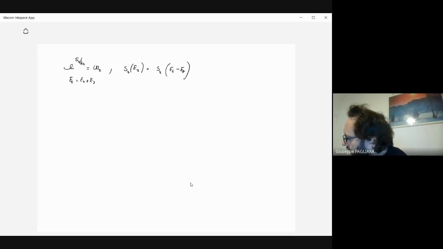Now consider this as a Taylor expansion, in which the perturbation is ES, the small quantity in this calculation. So this is almost equal to S of R computed at the energy ET, the energy of the total system, minus the partial derivative of S of R with respect to ET times ES.